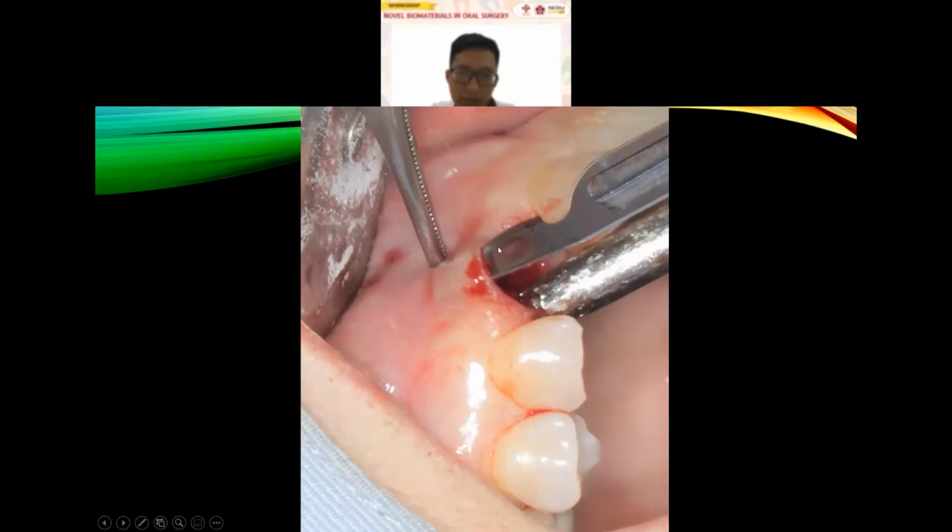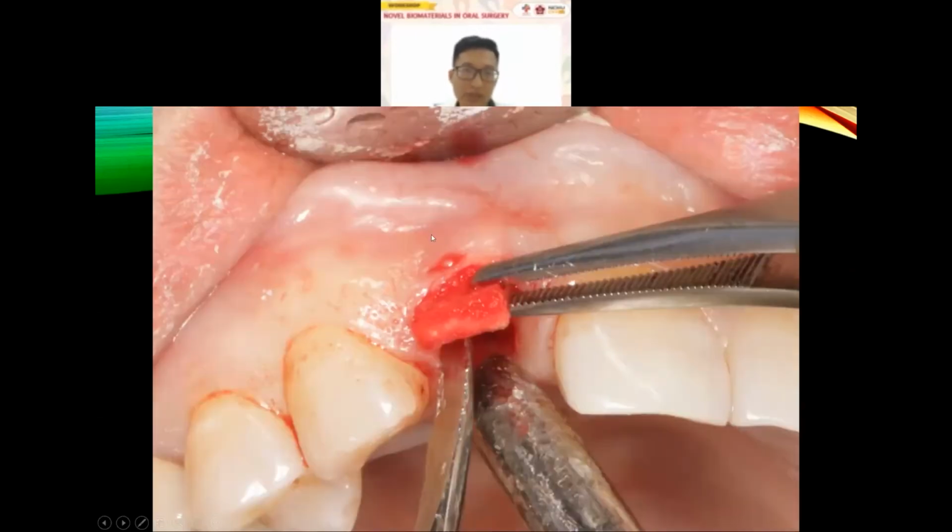In this technique, I use a 15C blade to make a split-thickness flap on the buccal side, from apical to coronal, and I am careful to avoid perforating the buccal flap, because that can lead to scar formation and reduce the healing potential of the surgical site.